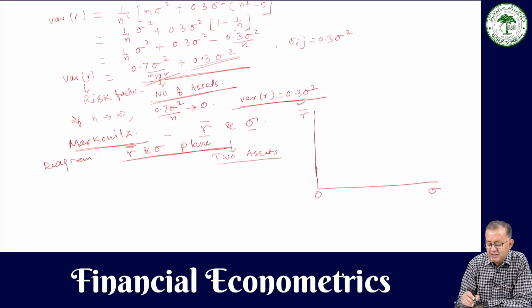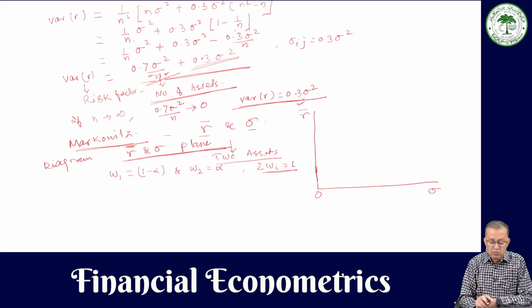So there are two assets we assume, and the weight of asset 1, w1, is equal to 1 minus alpha, and let w2 be equal to alpha, such that our assumption that the sum of wi is equal to 1 is being fulfilled.